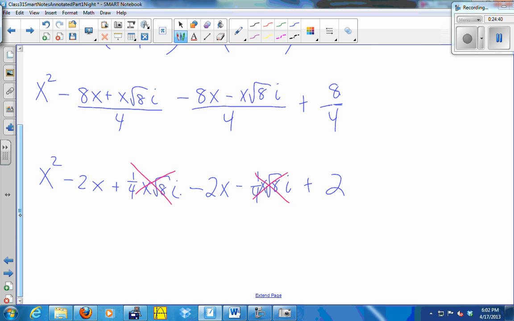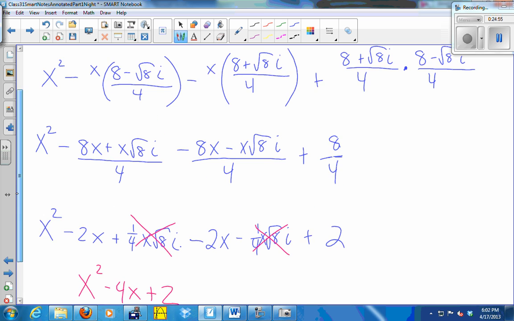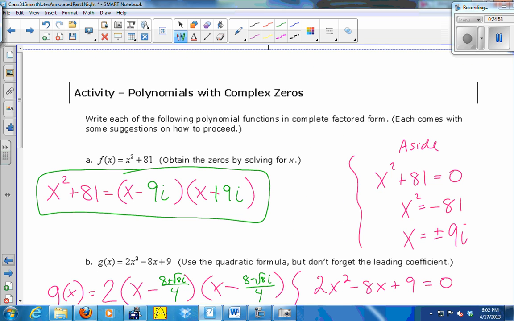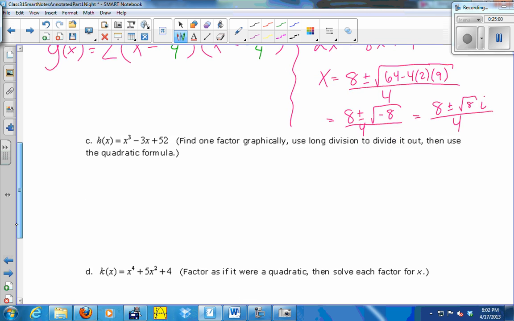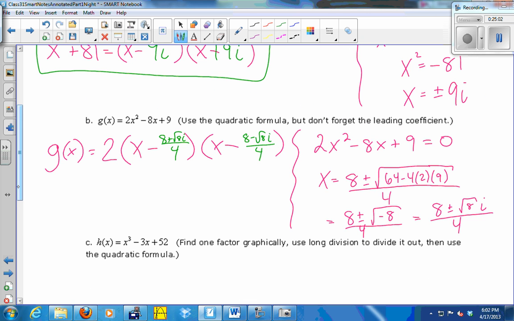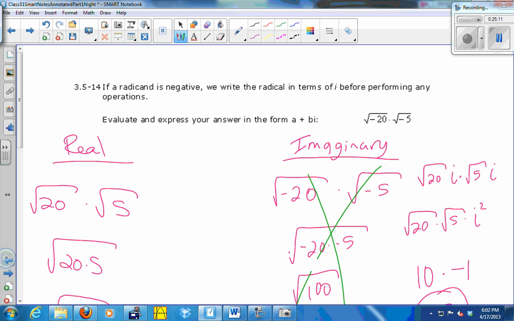And I end up with x squared minus 4x plus 2. Right? Is that my original polynomial? No. It should be 4.5, not 2. What did I mess up?